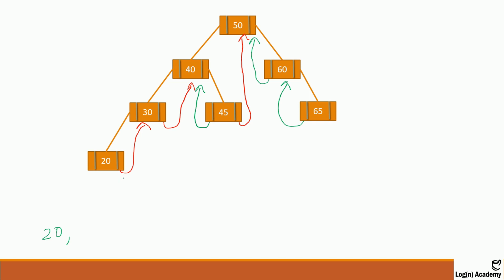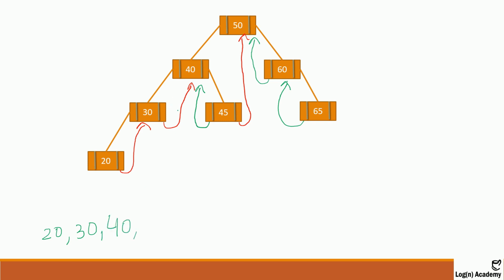Because we can have a threaded pointer or a child pointer. Since it's not a child pointer, it's a threaded pointer, I will use this threaded pointer and go to 30 and print 30. And then I'll check if it has a right or left pointer, anyone is threaded. If it's a threaded pointer, then I can move to the 40.